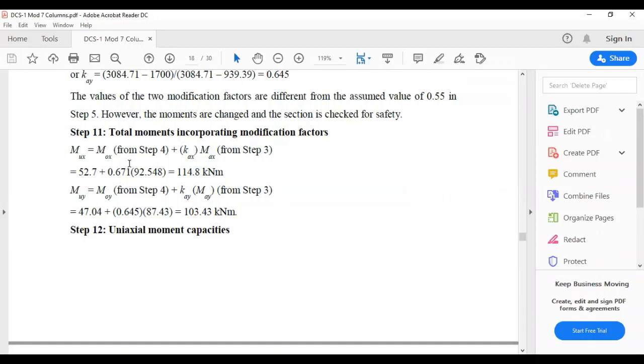So substituting all the values, we get MUX as 114.8 kN-m, and similarly we'll find the value of MUY. So we'll use MOY from step 4 and KAY into MAY from step 3. So this value comes out to be 103.43 kN-m.